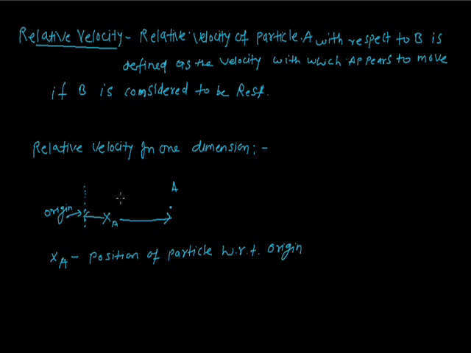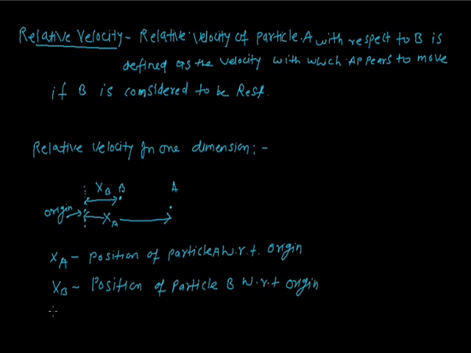And there is another particle B, and the distance between the origin and particle B is xb. Then what is xb? xb is defined as the position of particle B with respect to origin.